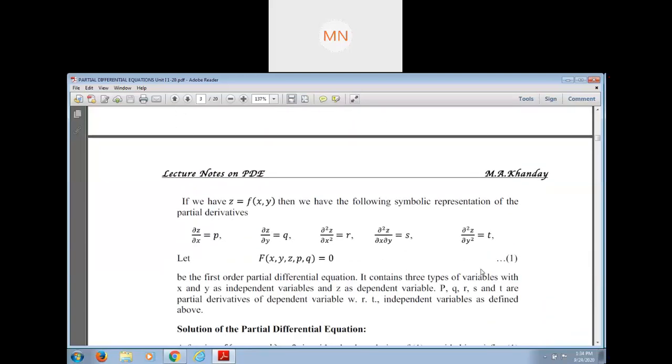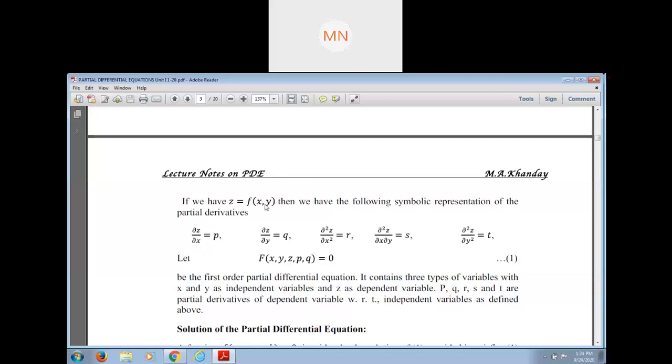Suppose we write zx and zy in place of p and q, then this also represents a first order partial differential equation. This one, z equals f of x and y, means z is a dependent variable which depends on x and y.